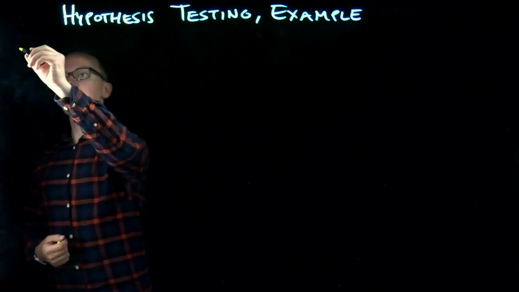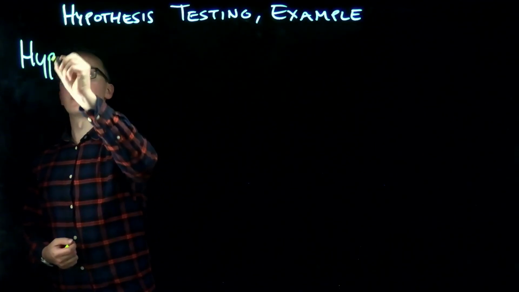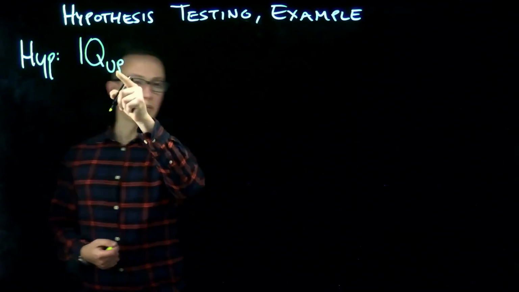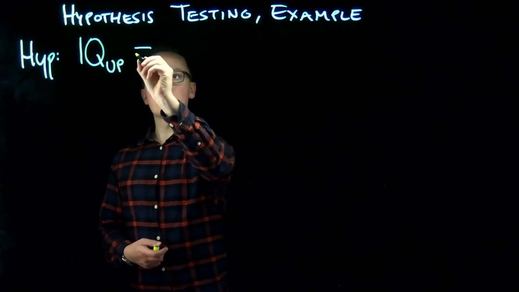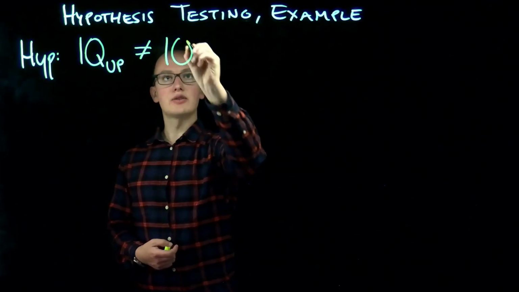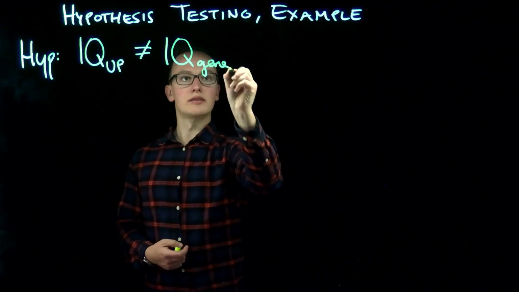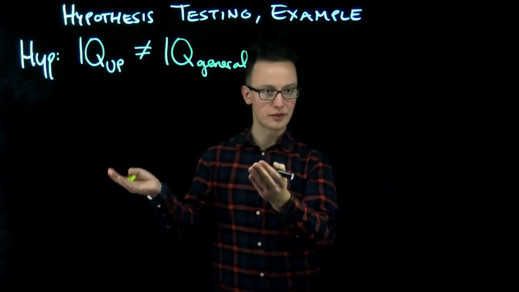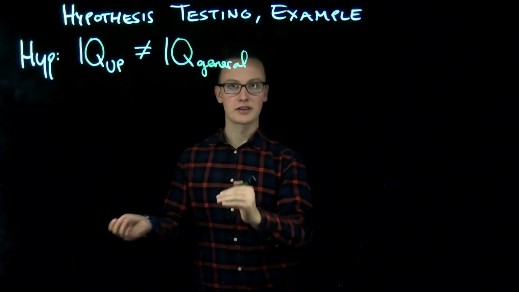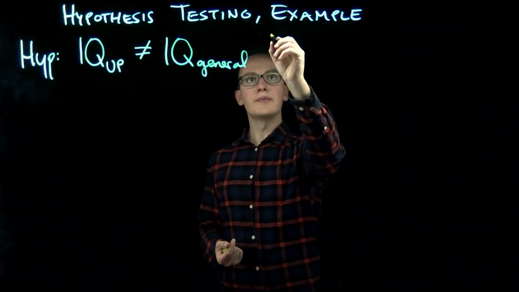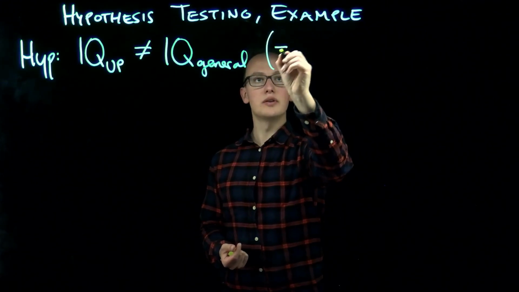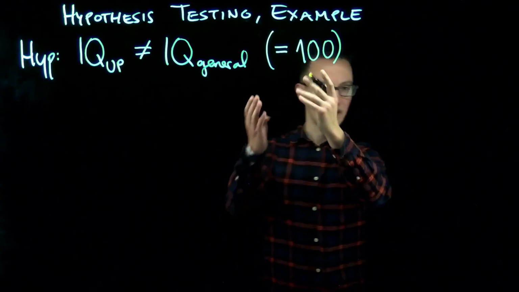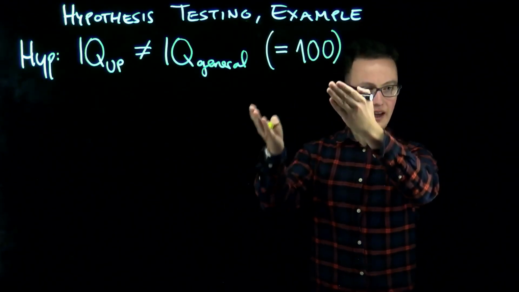I'm just gonna say that the IQ of Uni Potsdam students is different from the IQ of the general population. That is, either it's higher or it's lower. This is just saying there's a difference. It doesn't specify which direction the difference has, okay? And let's also say that we know that the IQ of the general population is supposed to be 100. That's something that, in this example, we assume to know for a fact.